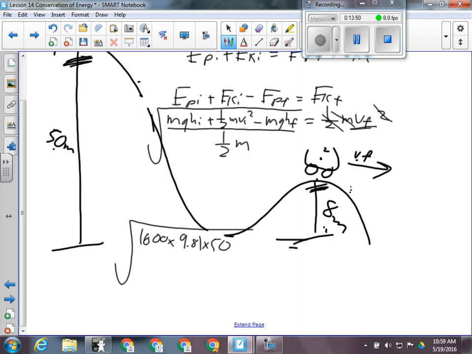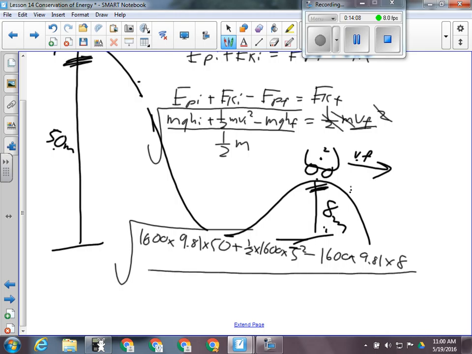So there's my initial potential energy, plus 1/2 times 1,600 times the initial speed, which was 5 squared, minus 1,600 times 9.81 times 8, my final potential energy. Dividing all of that by 1/2 of 1,600 and square rooting it all, that'll give me my final speed.